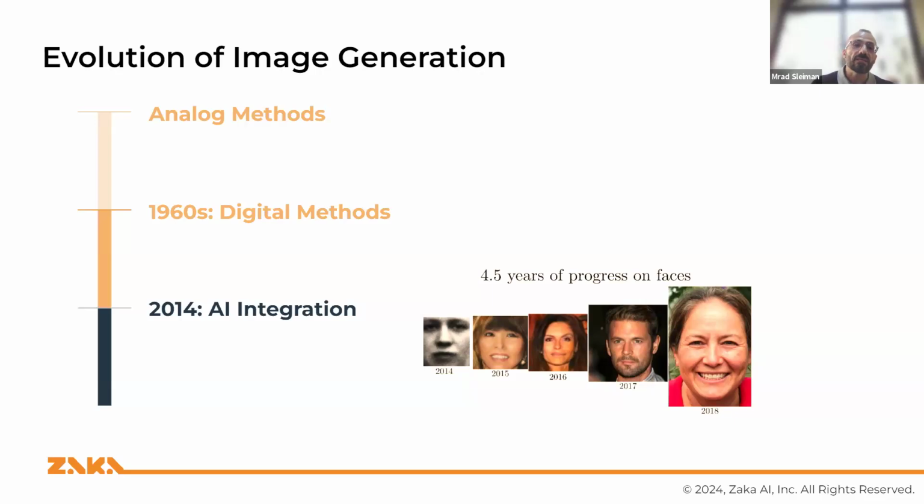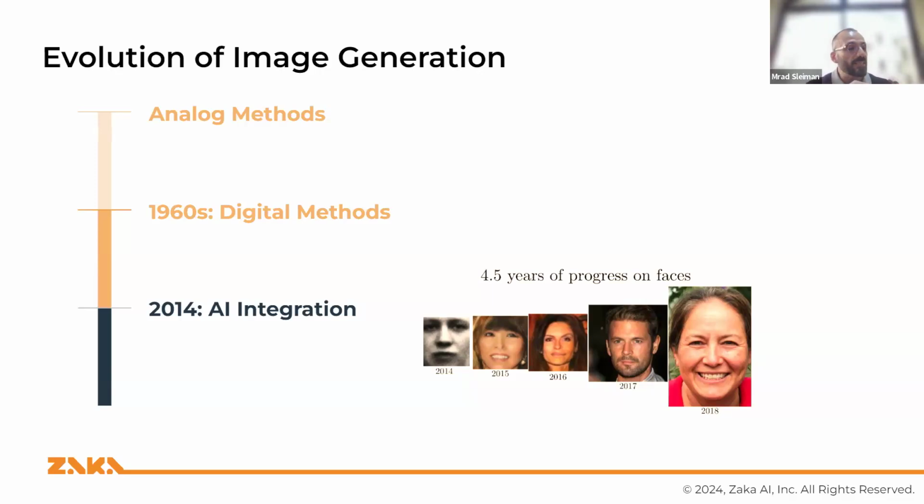Then things evolved by the 1960s using digital methods, such as digital cameras and digital art. You create images using software like Adobe Photoshop and Illustrator. Maybe I can talk about image processing here. We have software to process images, maybe to adjust the contrast, adjust the brightness, etc.